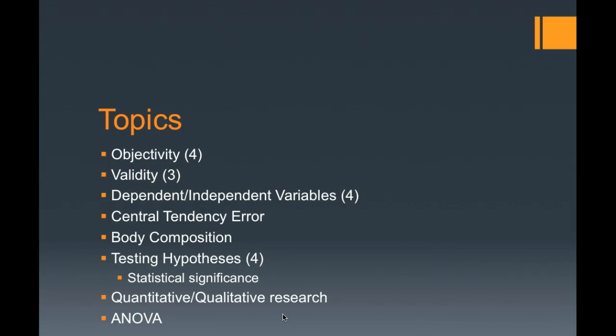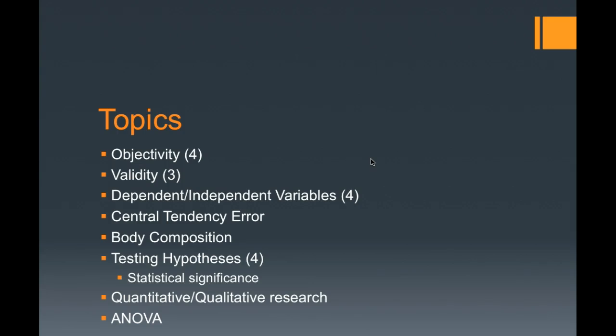Kind of going along with that example, you should also be very aware of what makes a dependent and an independent variable. The dependent variable is the actual measurement that you will be taking and that you want to compare between groups. In this case, we have two groups.